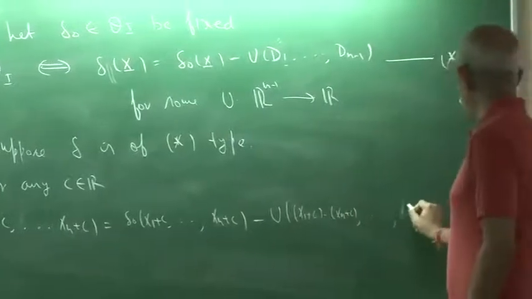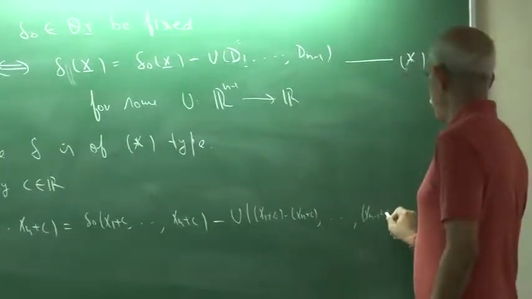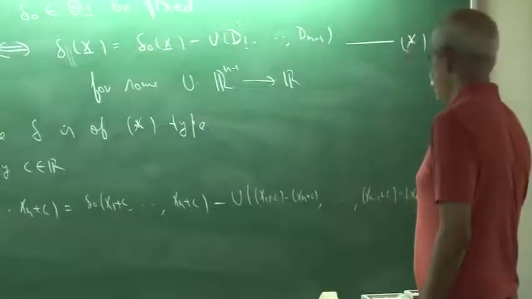And dn minus 1 is nothing but xn minus 1 plus c minus xn plus c.